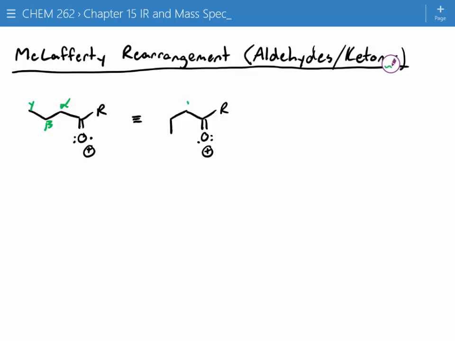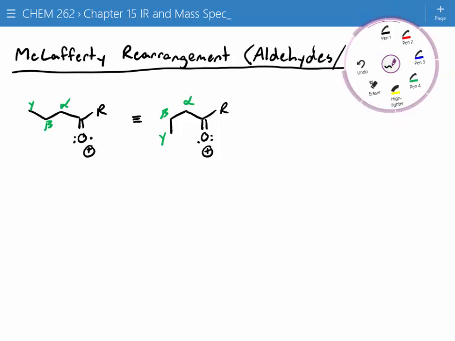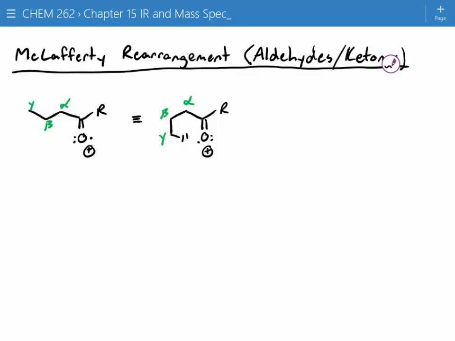So I'm going to label this alpha, beta, gamma. And in this gamma position, we also have a proton nearby, right? Just like I said, these really like to form six-membered transition states. So we've got a proton that could form a six-membered ring.